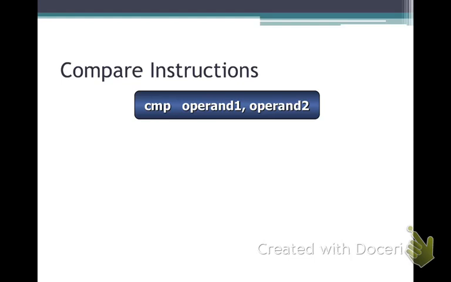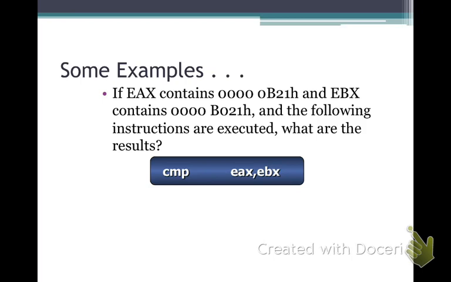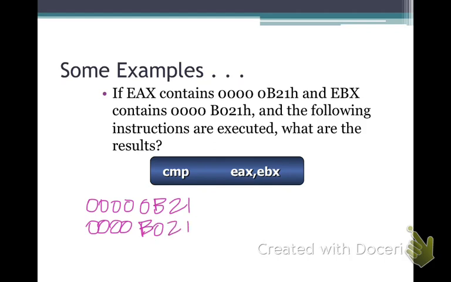So let's look at a quick example here. Different values. So we'll go ahead and play with this one. I've got 0000 0B21 and 0000 0B021. It is a 32-bit compare.